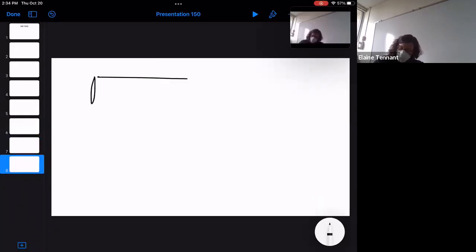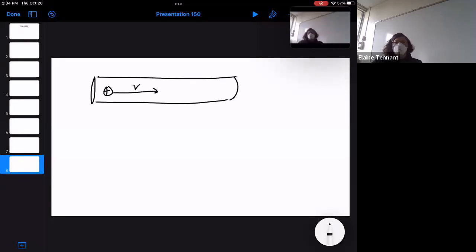So looking at that V, if I have a charged particle going with some velocity, one thing I could say is that velocity is however far it goes, some length, divided by some unit time.